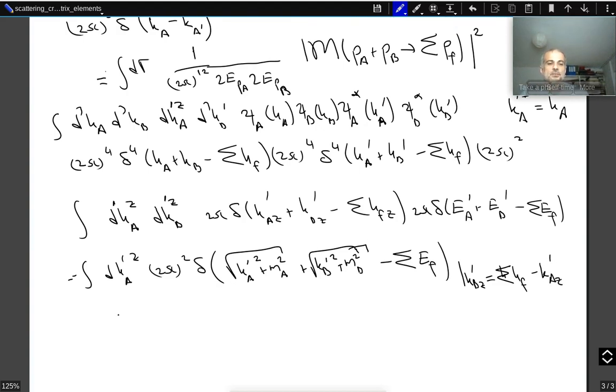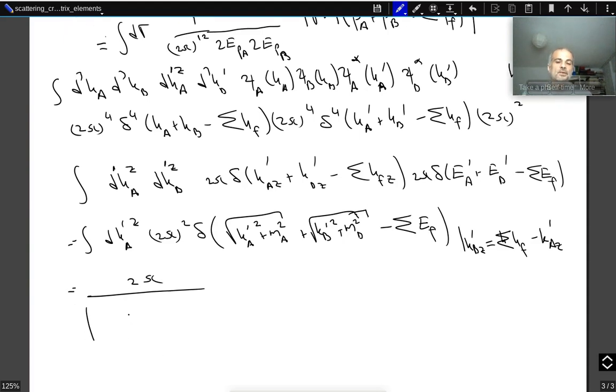Now this Dirac delta can be simplified. It will be just the Kaz prime that makes this equal to 0 divided by the absolute value of the derivative. Now if I take the derivative of this argument with respect to Ka prime, I will get here Ka prime z divided by Ea prime minus, this minus sign is due to the minus sign between the Kbz in the expression of Kbz prime in terms of Kaz prime, so minus Kbz prime divided by Eb prime.